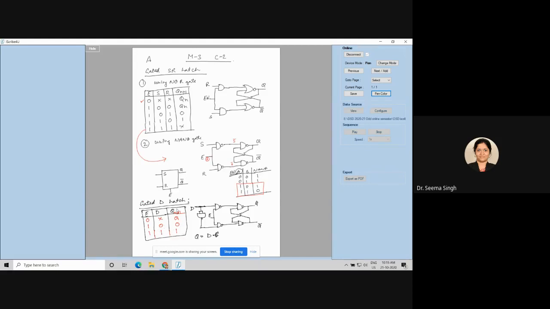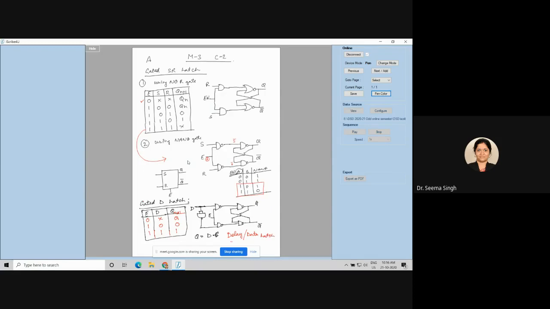When D is 0, Qn plus 1 becomes 0. When D is 1, Qn plus 1 becomes 1. So that is why D latch is also called as delay latch, or another word is data latch. D for delay, D for data.